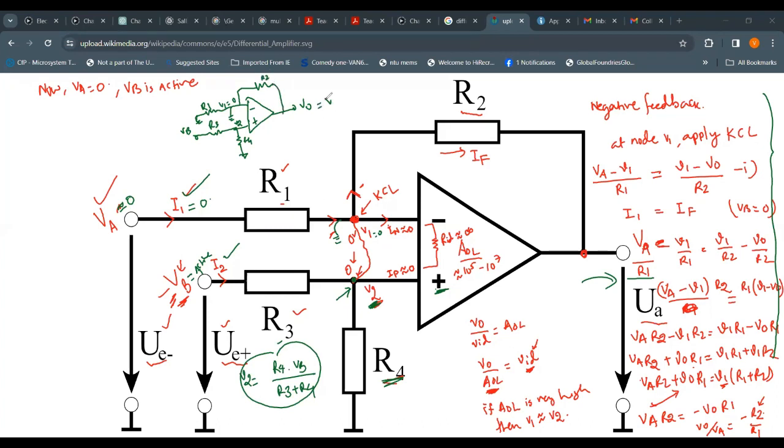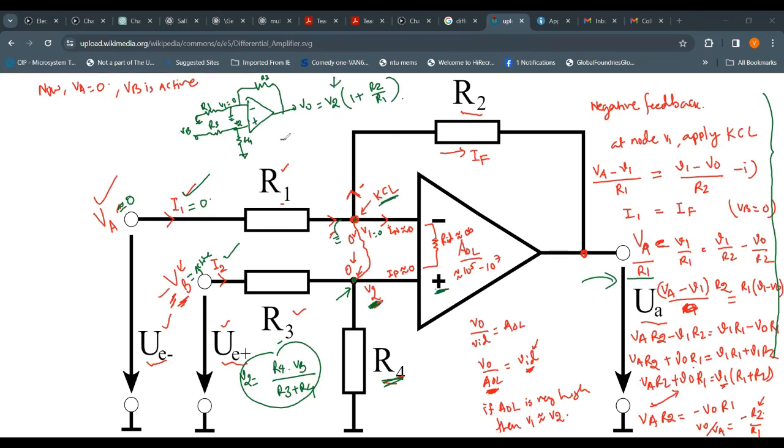So output here will be V2, that is the input voltage, multiplied by the gain, and the gain will be 1 plus R2 over R1. We know how the non-inverting amplifier works. We can also again apply this virtual short concept, and then the voltage at V2 appears at V1, and then apply the KCL and derive this expression.